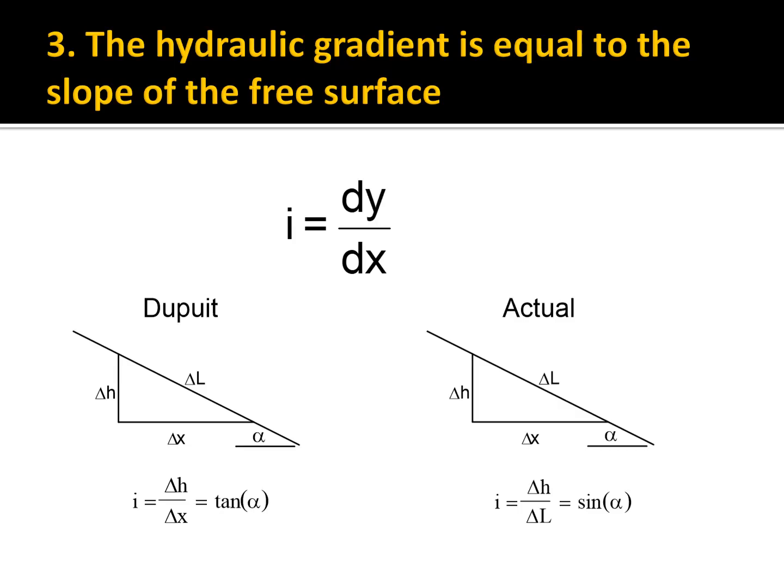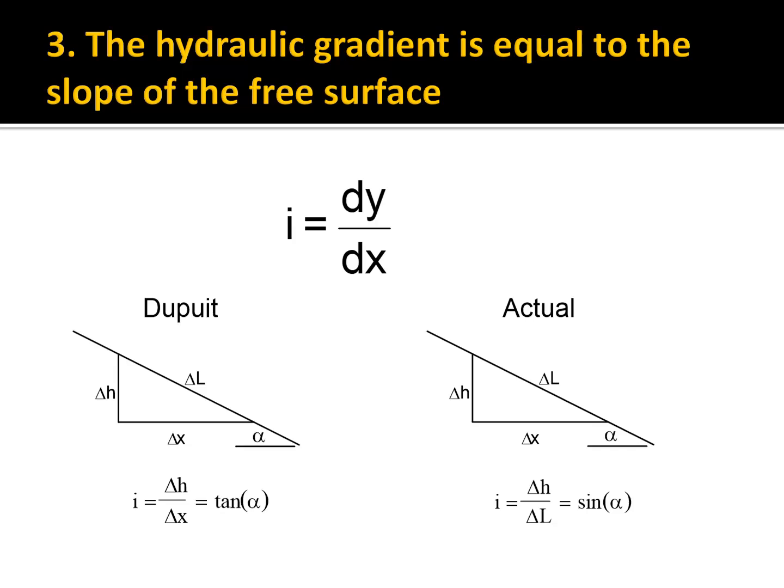In reality, the hydraulic gradient is the change in head divided by the length of flow. And along that free surface, the water is flowing parallel to the free surface. So this is the actual length of flow. So basically, we're going to use the tangent of alpha instead of sine of alpha, is one way to look at that.